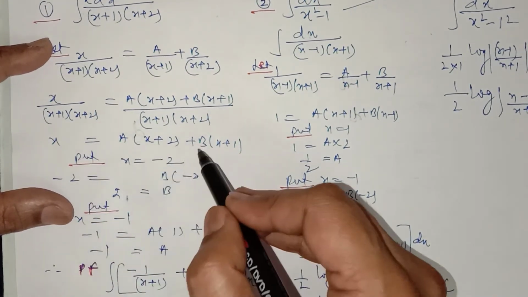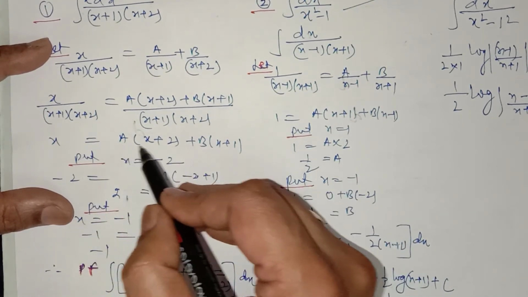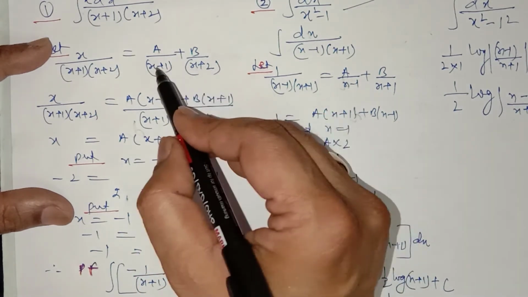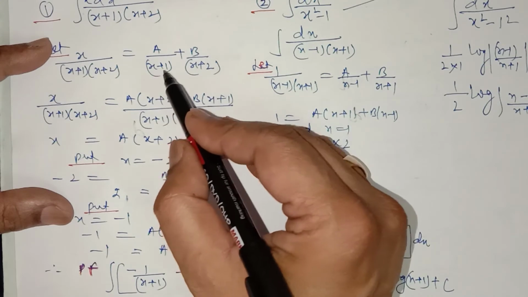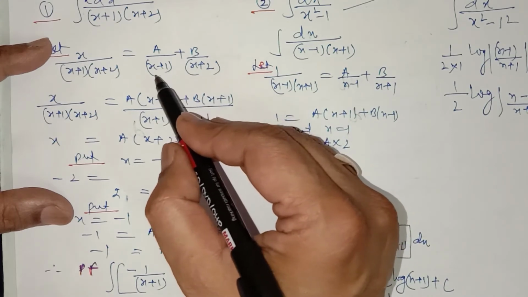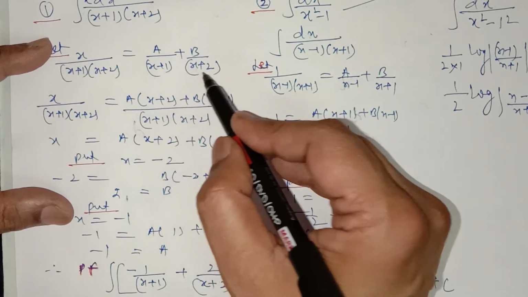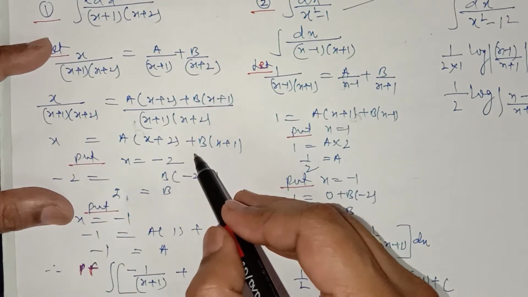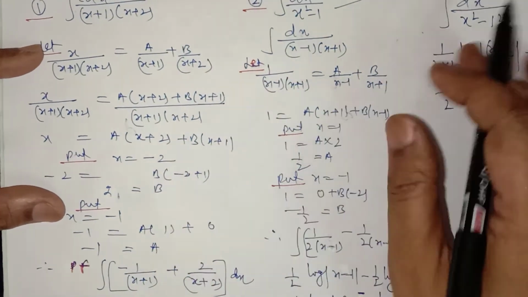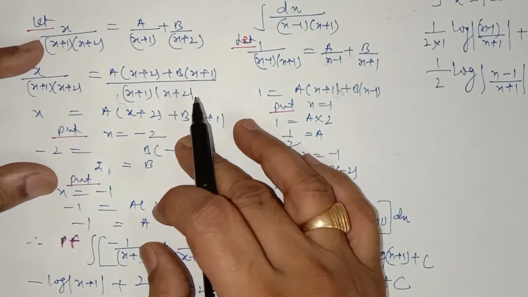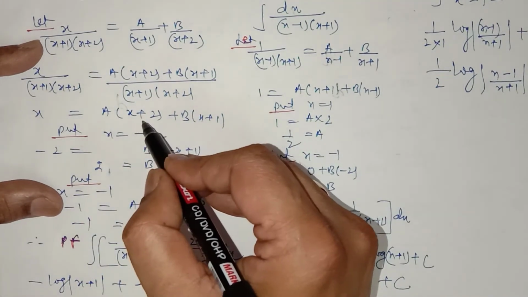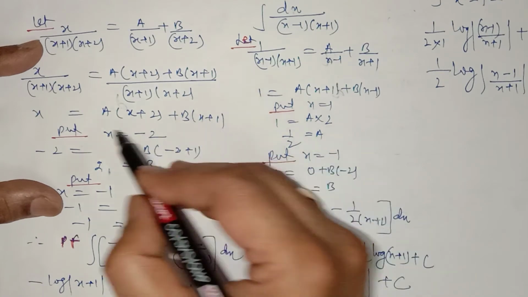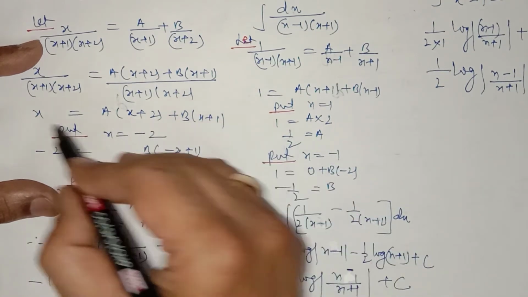Now how can you find the value of a and b? If you put x equal to minus 1, you can see from here x plus 1, x plus 2. So first of all put x equal to minus 1 and then x equal to minus 2 in this equation, and you will get the value of a and b. There are two methods. I am putting x equal to minus 2 in this equation.